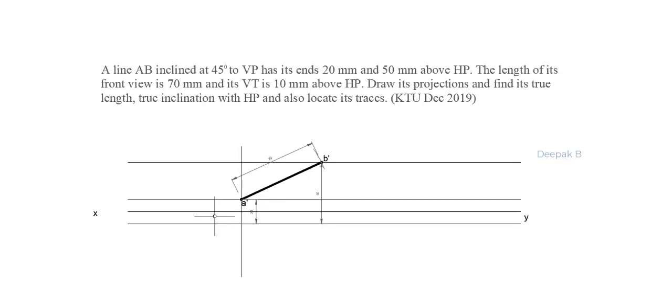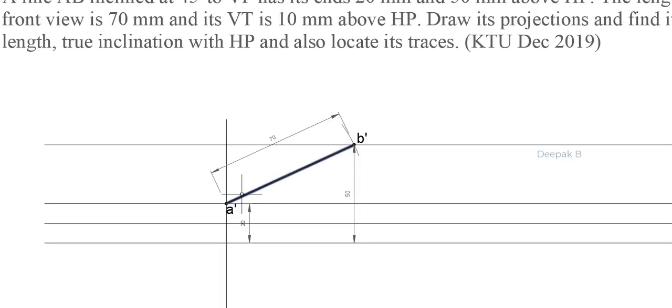VT is obtained when we are extending this line towards one of the reference planes. So the VT is somewhere on this line, and also it is on the line extending from the line A dash B dash. So it will intersect somewhere here, and we can find out the location of VT.